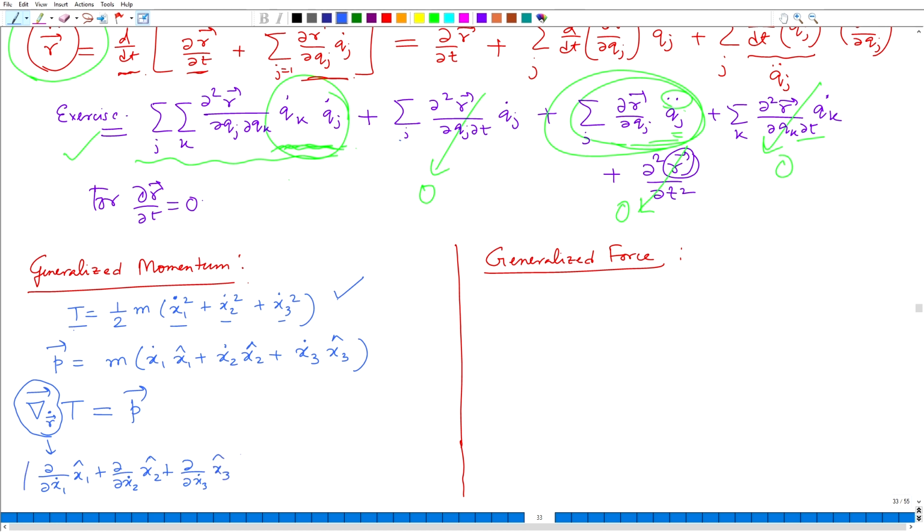Okay. If you have this, then you can operate this operator on half m (x1 dot square plus x2 dot square plus x3 dot square).